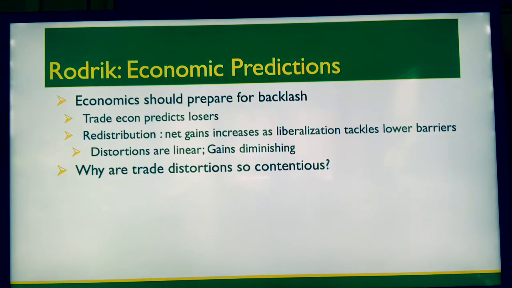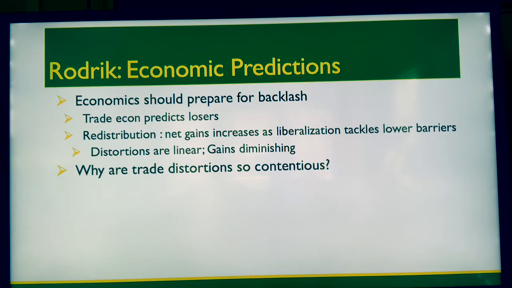We continue to see the same kind of negative change in distribution, although our gains are getting smaller and smaller. We've also talked about the fact that these distortions don't just come from trade. They come from all kinds of things. They come from tech improvement. They come from change in consumer preferences.